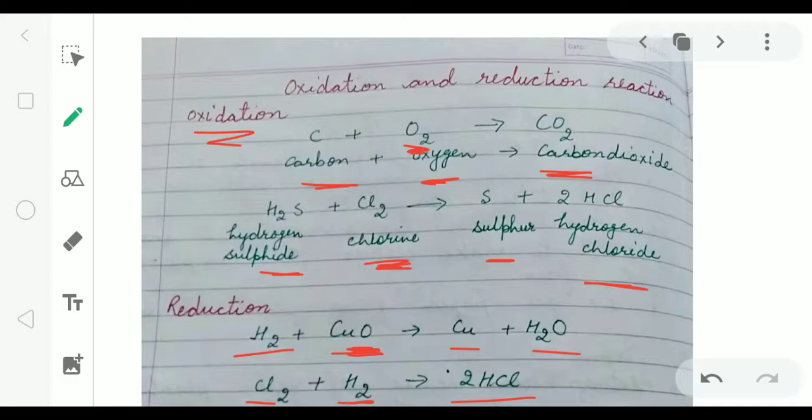Because it supplies oxygen to carbon. So oxygen is oxidizing agent. In this second example, chlorine is oxidizing agent because it removes hydrogen from hydrogen sulfide.